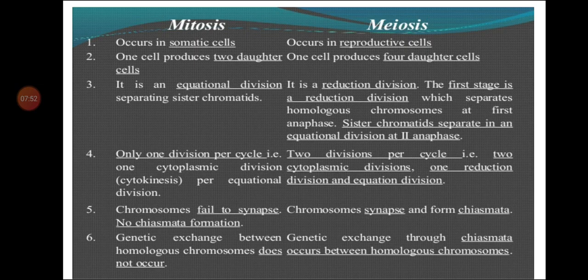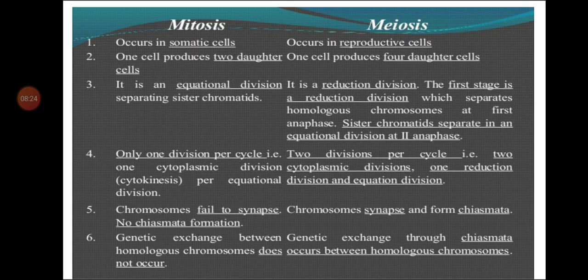In mitosis, one cell produces two daughter cells, and in meiosis one cell produces four daughter cells.